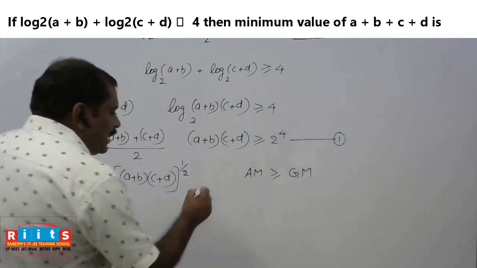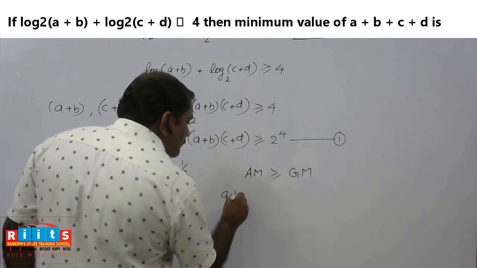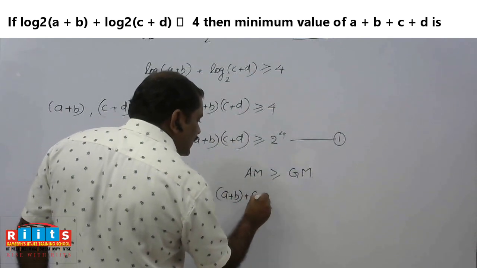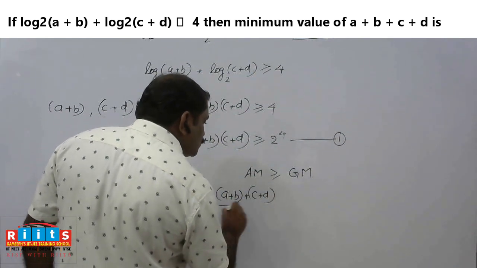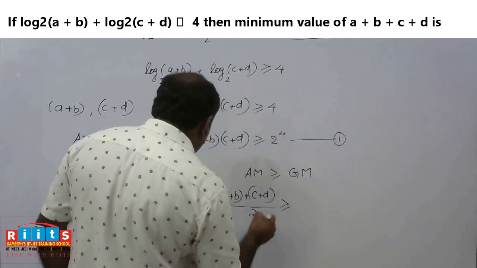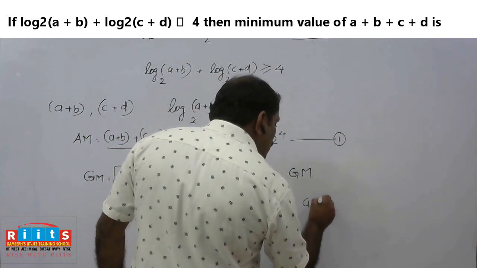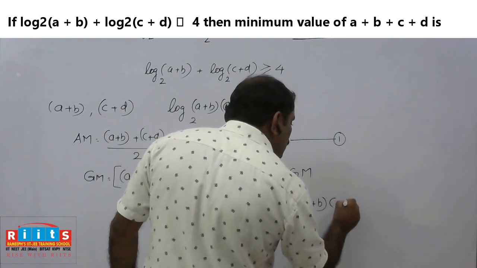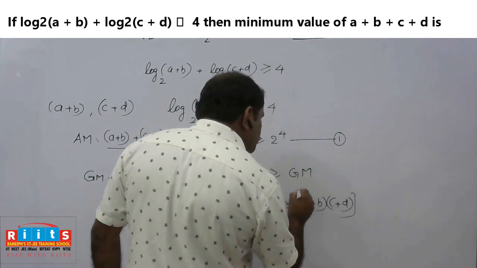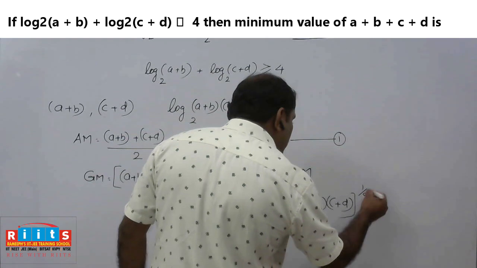Here the arithmetic mean, (a plus b plus c plus d) by 2, is greater than or equal to the geometric mean, (a plus b) into (c plus d), the whole raised to 1 by 2.